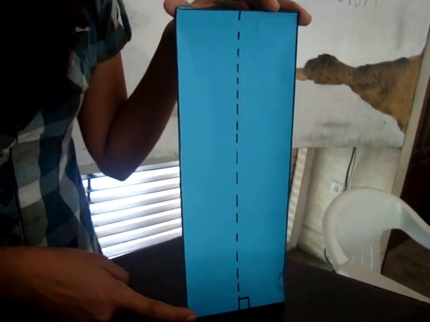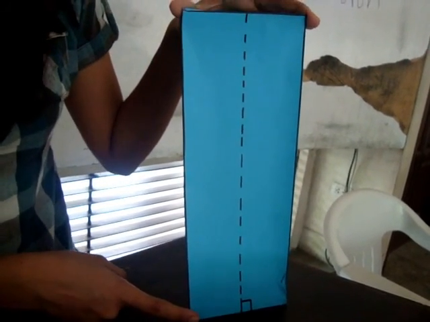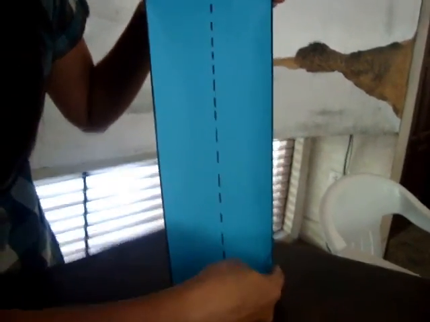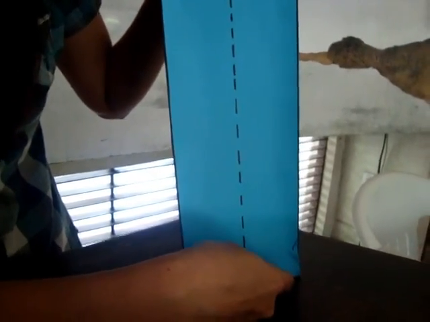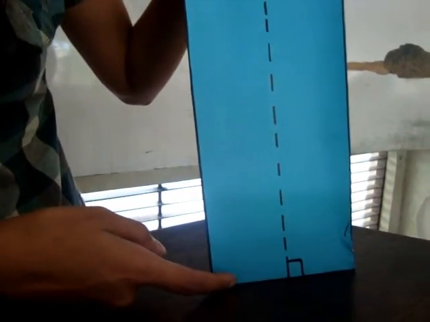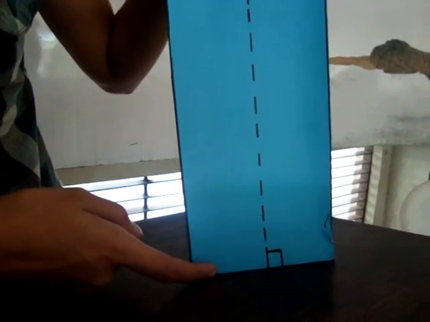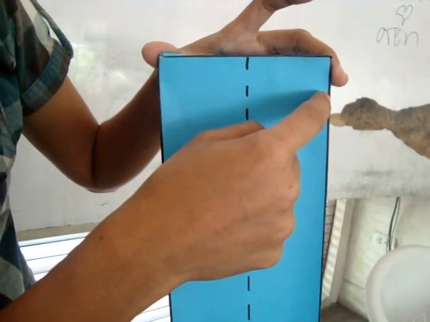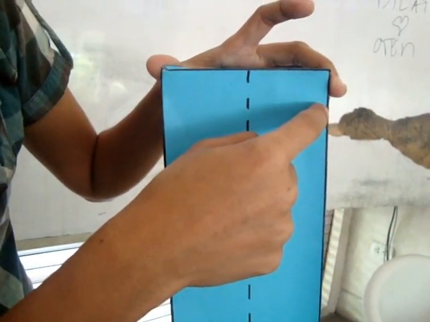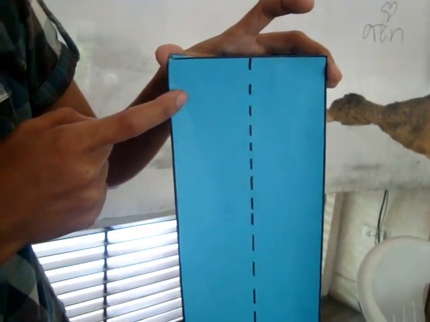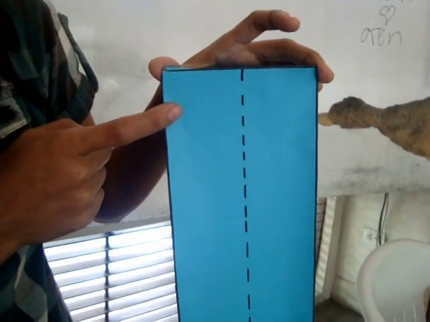It is also an equiangular quadrilateral since all its angles are equal to 90 degrees. So this angle here is a right angle which is 90 degrees. And this angle is also a right angle which is also 90 degrees. This angle formed here is also a right angle which measures 90 degrees, and this angle here is a right angle which is also 90 degrees.